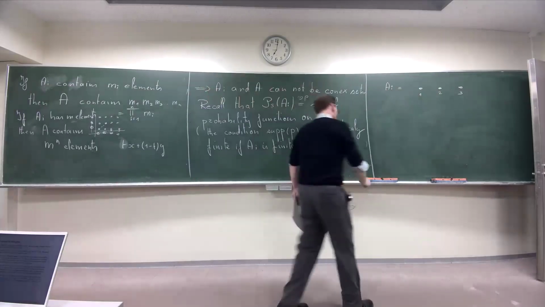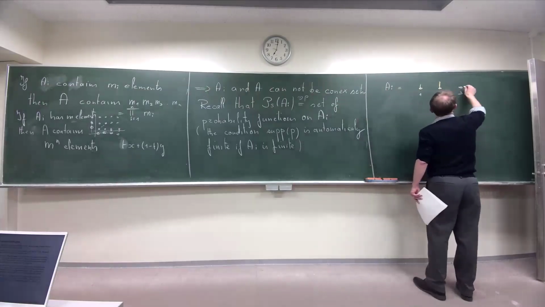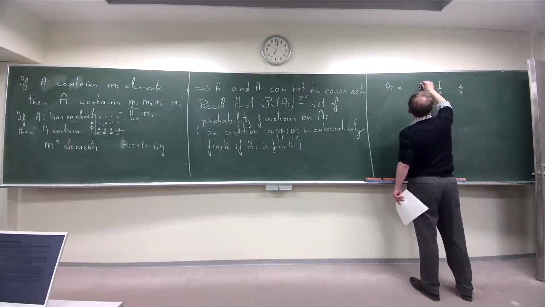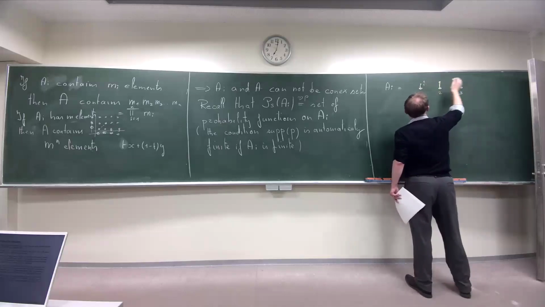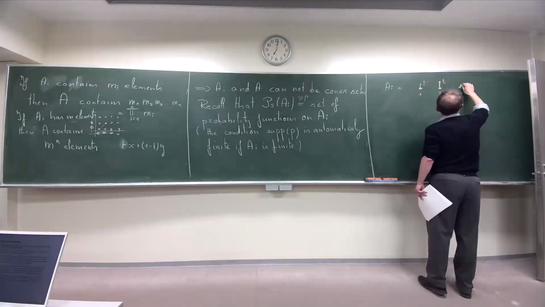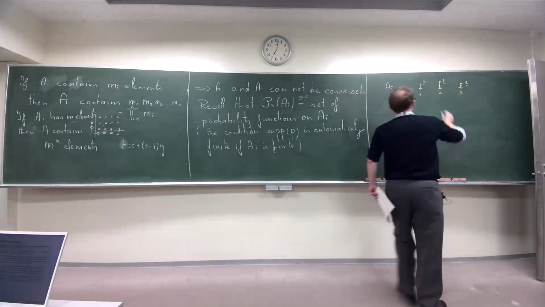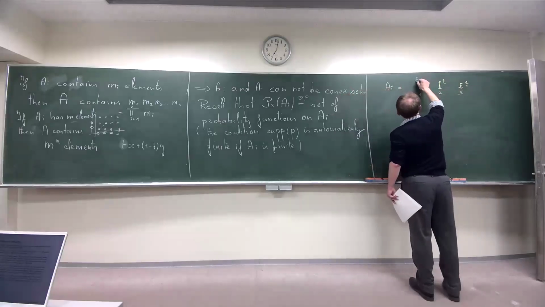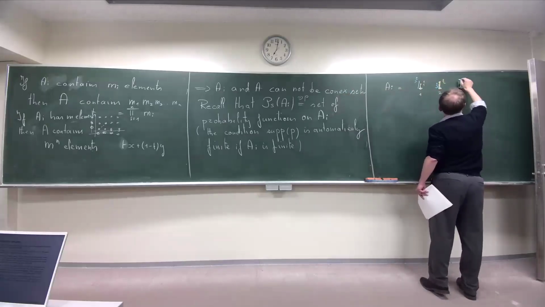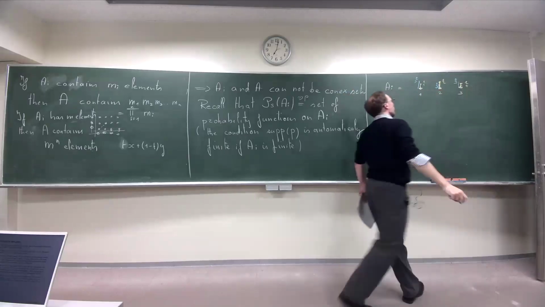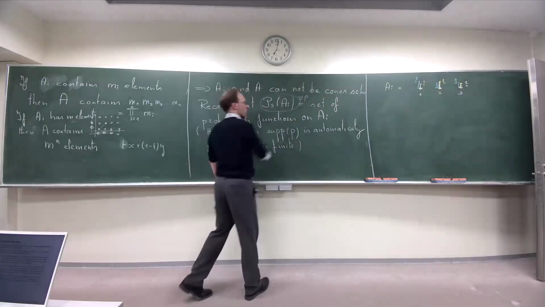I want to consider all functions which sum up to 1. So I assume that 1/4, 1/2, 1/4 makes 1. Or if I take a different one, I have 1/3, 1/3, 1/3. The set of all these functions is this one.